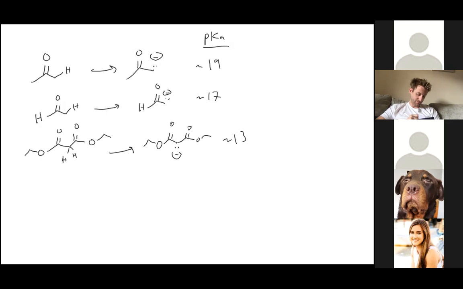The ketoester, which is a combination of a ketone and an ester, has a pKa of around 11. And then our most acidic for these reactions we'll be talking about is going to be our diketone, with a pKa of around 9.